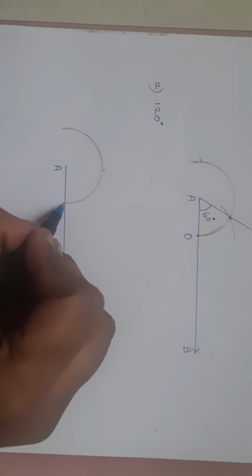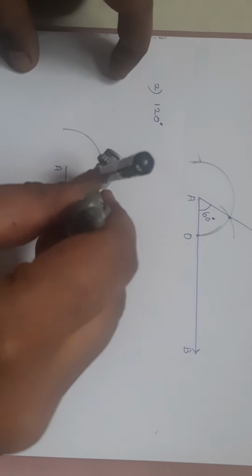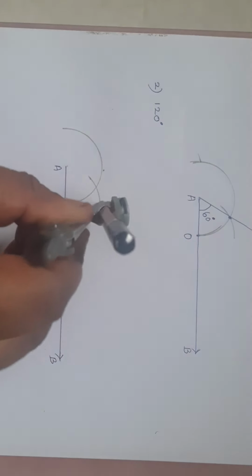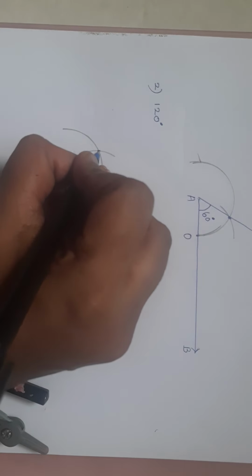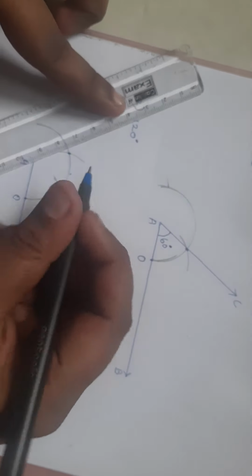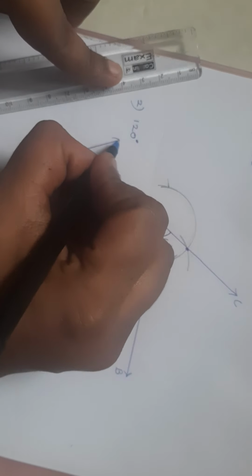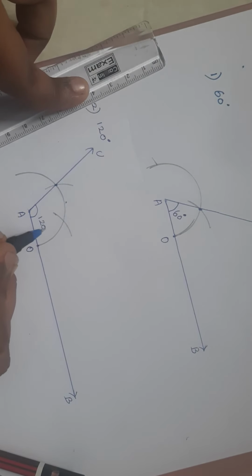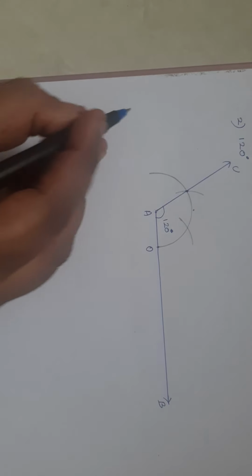Okay, mark this arc as O. Keep the needle, draw one arc here and keep the needle, draw another arc. Join the second arc's intersection point. This is 120 degree.